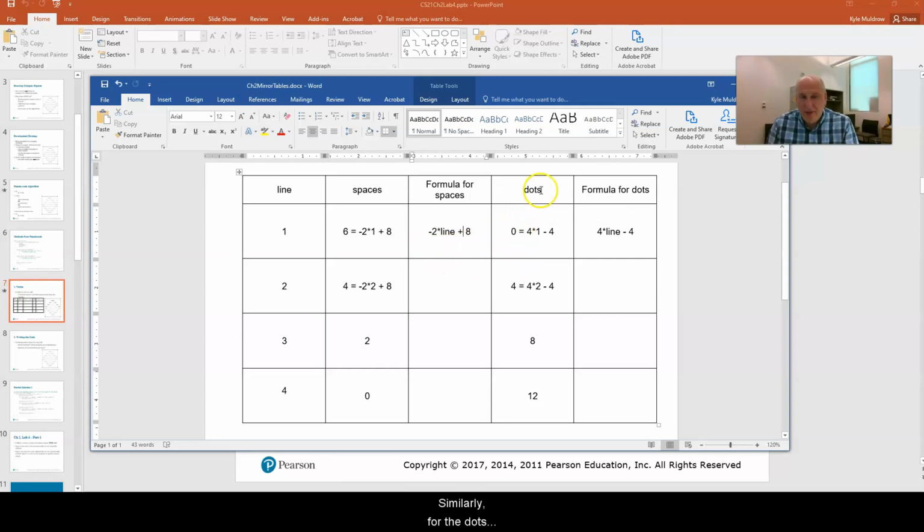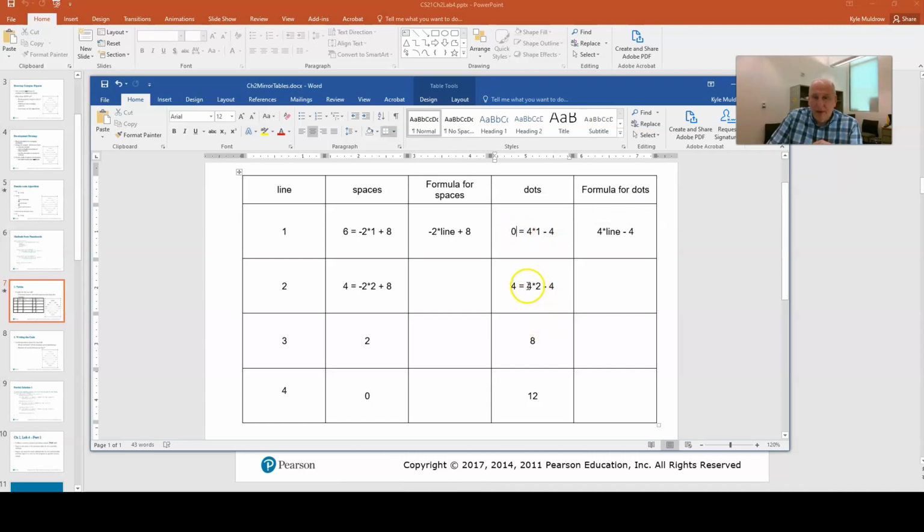Similarly, for the dots, on line 1 we have 0 dots, on line 2 we have 4 dots, line 3 we have 8. So the number of dots is increasing by 4 on each line. So here on the first one, I take 4, positive 4, times the line number, which is 1. 4 times 1 is positive 4, but I want a 0. So that means I must subtract 4 to get that 0.